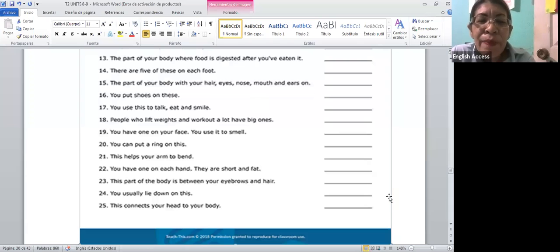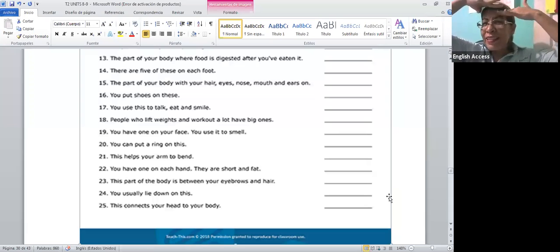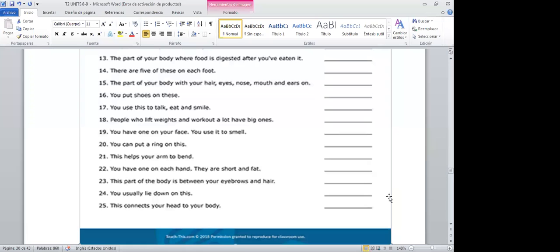23. This part of the body is between your eyebrows. Okay, these are your eyebrows and your hair. So is this. So what is this? Do you know the name of this?